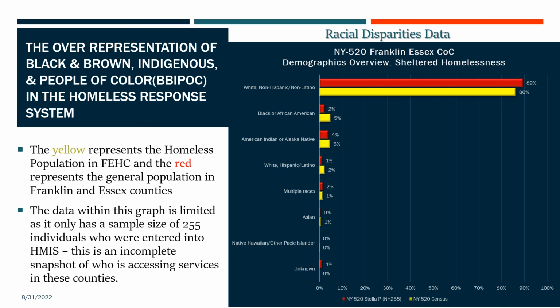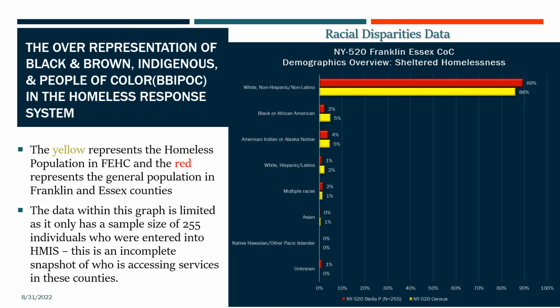As you can see, the red bar represents the homeless population in Franklin and Essex counties, and the yellow bar represents the general population in Franklin and Essex counties. The data currently available and shown within this graph does not appear to show an overrepresentation of the BIPOC community.